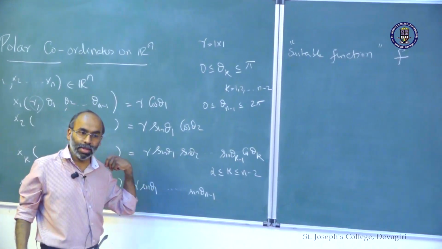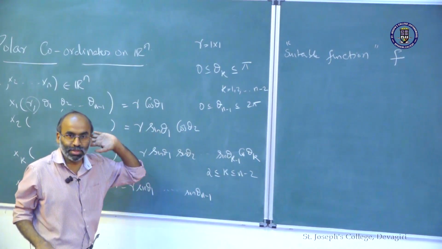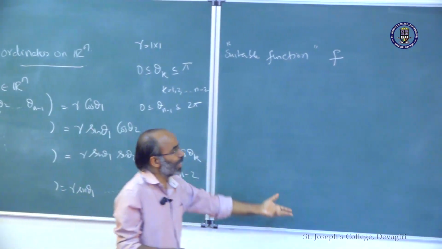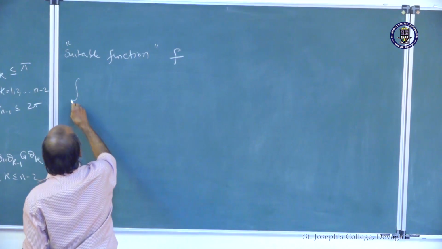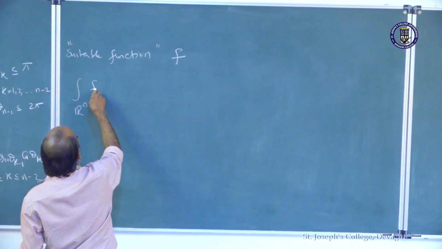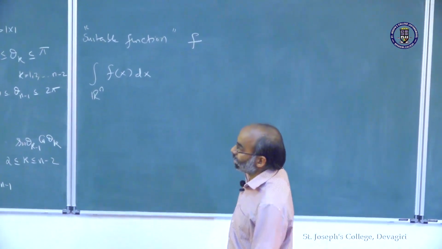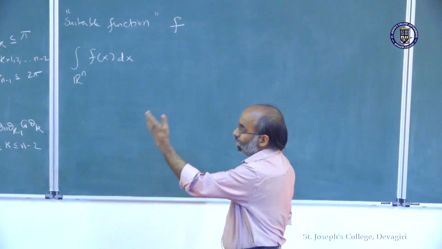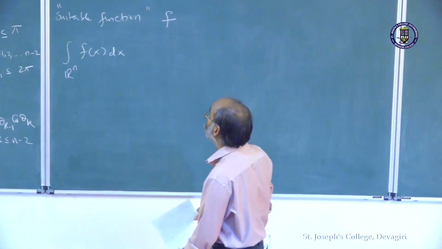You have a Jacobian which gives r to the n minus 1 and various things in theta 1 up to theta n minus 1. That gives me the Jacobian, which allows me to transform the integrals. So the integral over Rn of f of x dx is going to be written in terms of r, theta 1, theta 2, up to theta n minus 1. That is what you do in a change of variable.